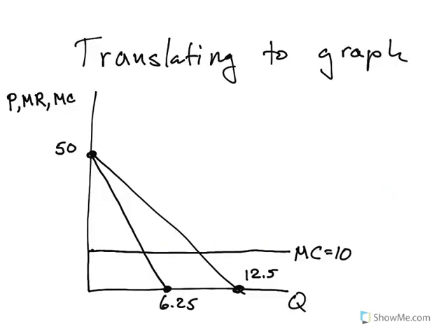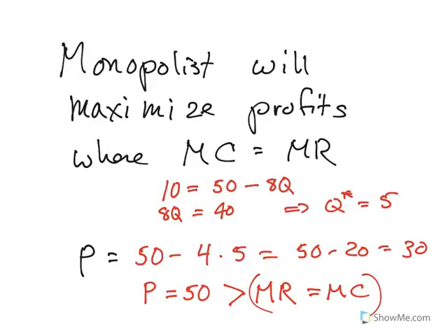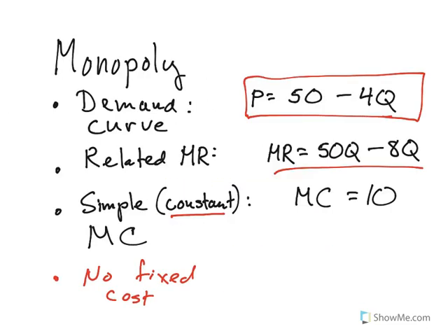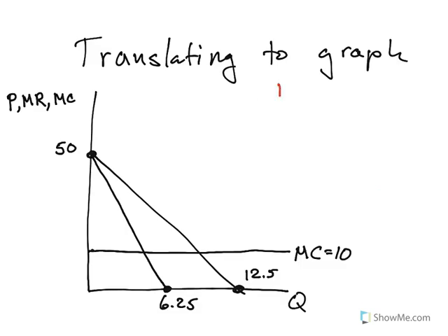So let's translate this into a graph. I've got this graphed according to the equations. So according to these equations right here, we've got price equal to 50 minus 4Q. Okay, that's the demand curve.